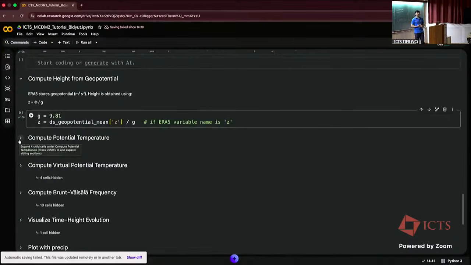I think most of us are already doing some coding and simulations. Can we have some comment on potential temperature? What is it? I'm not going to give the definition today. I'll just show the formula if you want.